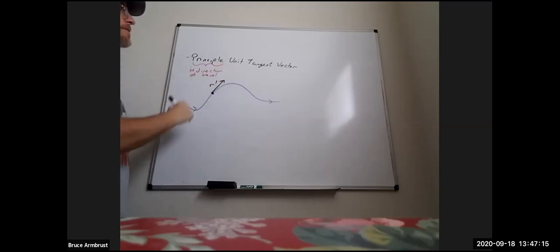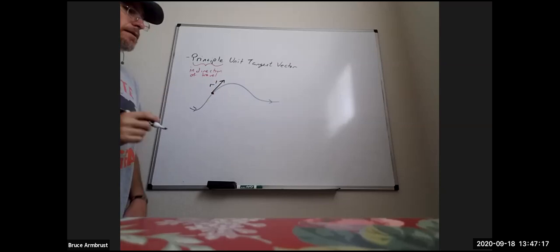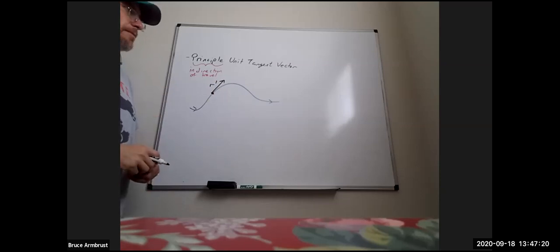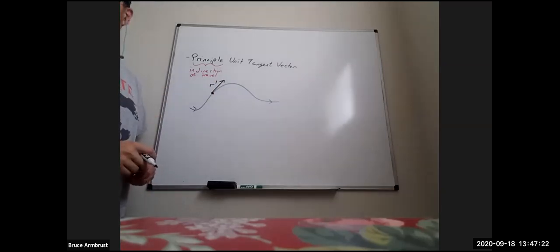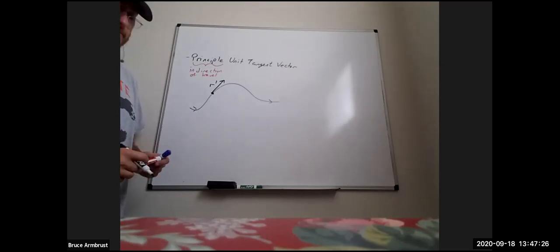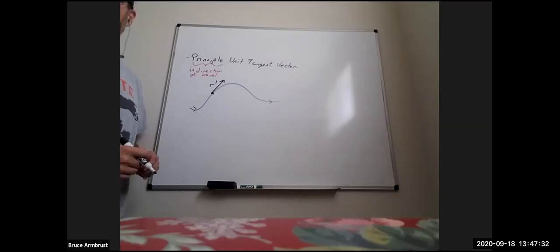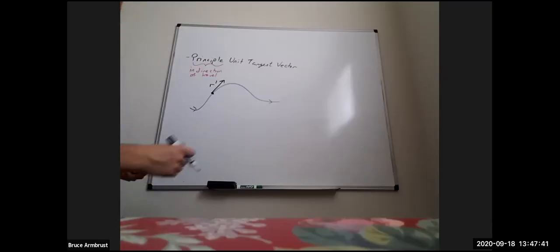So we can actually use r prime to help us with that. We just have to make it length 1. So how do you make a vector length 1? Remember the vector uniter? You divide by the magnitude. Yeah, you just divide it.